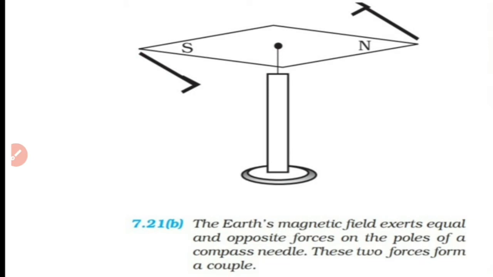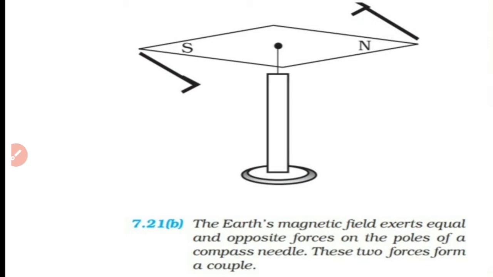Just like the same with the compass needle. See, when you keep a compass needle in one particular place, you know it gets oriented in the geographic north-south direction. Now, when you bring a bar magnet in its vicinity, what happens is that the compass needle rotates. Here also what comes into action is this couple, because on both ends of this compass needle you have a north and south pole.